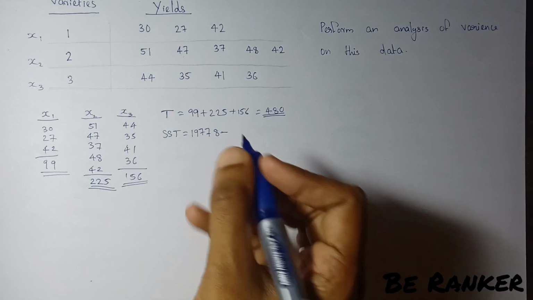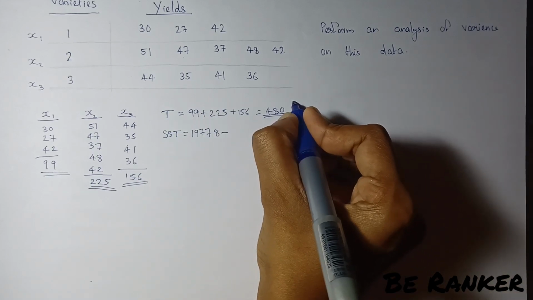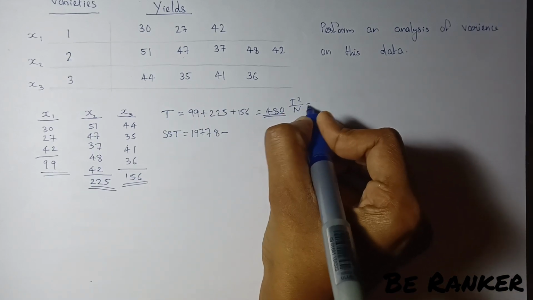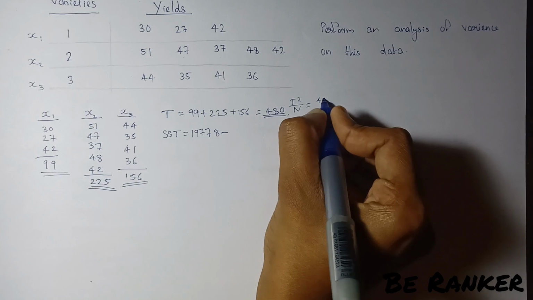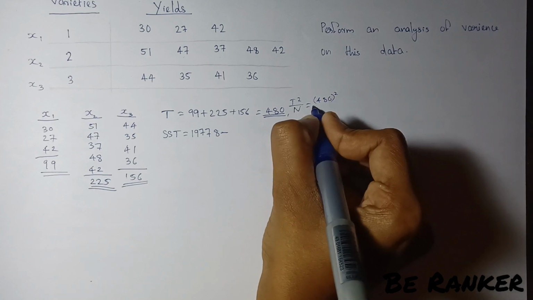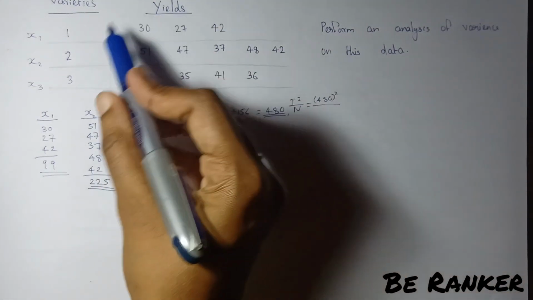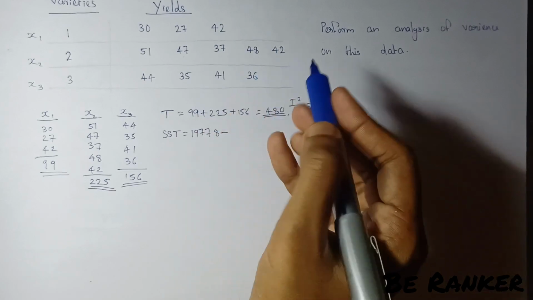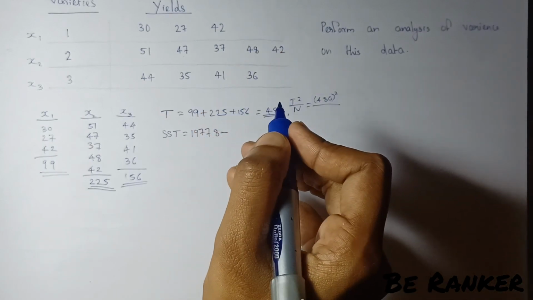What is T square by N? Here T is 480, so T square by N is 480 square by N. N is the total number of elements, that is, here N is 12.